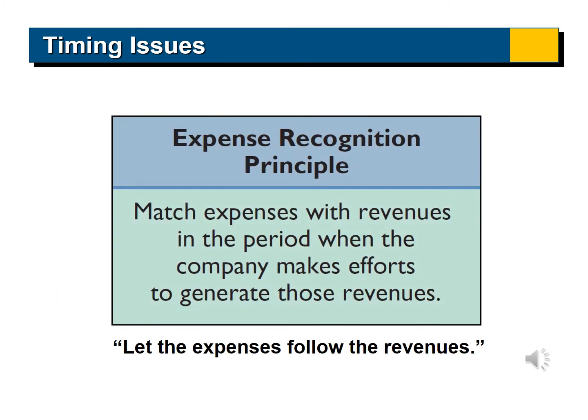The expense recognition principle dictates that the expenses should be matched with the revenue that those expenses generated. So expenses related to the service provided to the customer should be recorded in the same period when the service is provided.